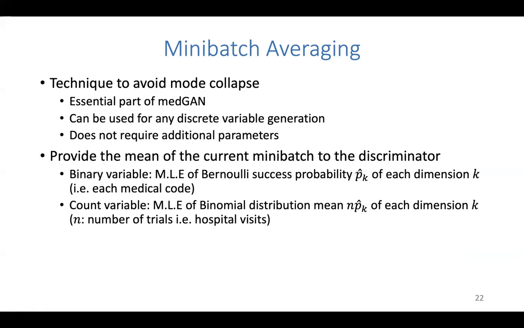Mode collapse is, simply put, the generator generating only one or a very small number of unique samples to fool the discriminator, because the objective in the GAN for the discriminator is simply to distinguish real and fake samples as accurately as possible, and the objective of the generator is simply to fool the discriminator.